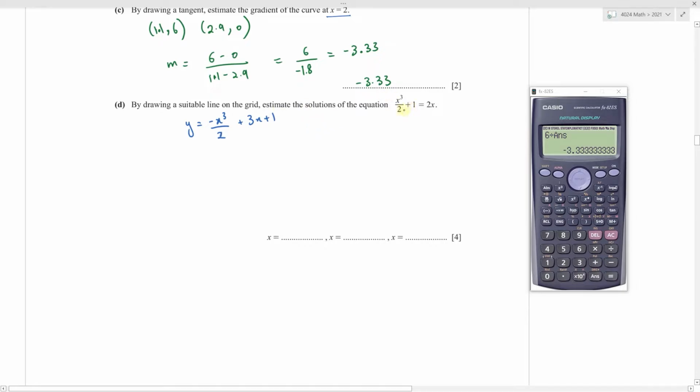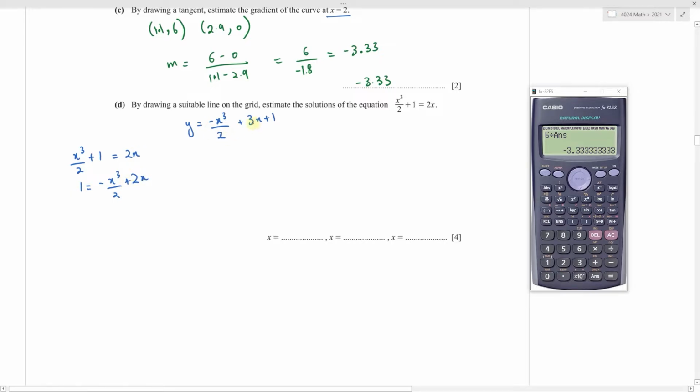So if you look at the equation given here, you have x cubed over 2 plus 1 equals 2x. Now I have here minus x cubed over 2, so I will take this to the other side. I will have 1 equals minus x cubed over 2 plus 2x.